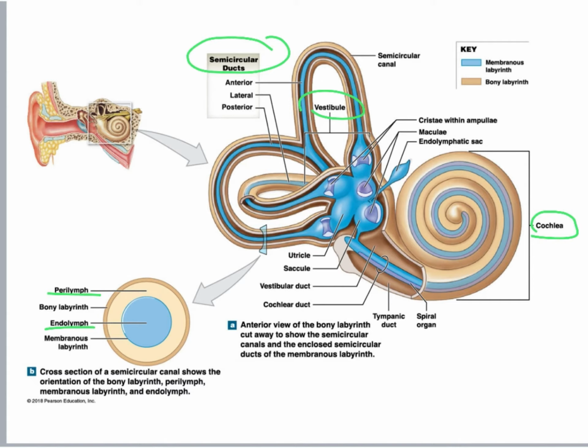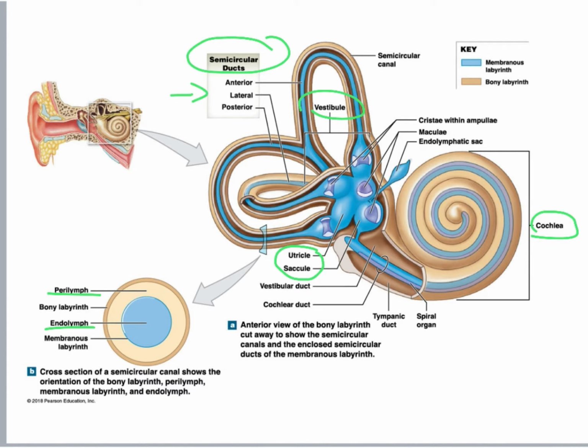Now, we can divide the membranous labyrinth into three main regions: the vestibule, the semicircular ducts, and the cochlea. Within the vestibule, we find a pair of membranous sacs called the utricle and saccule. And projecting off the vestibule, we find the three semicircular ducts.